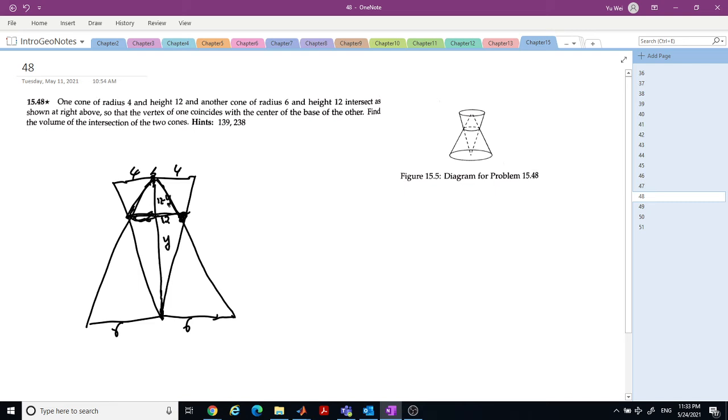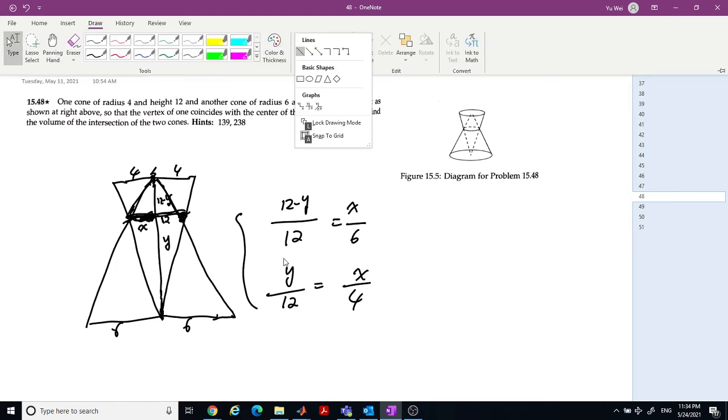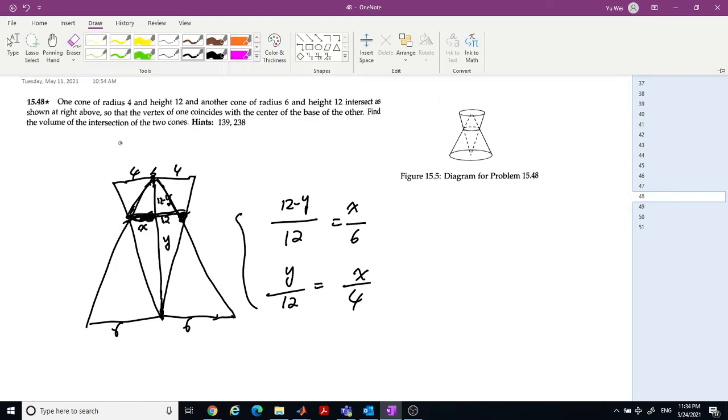Okay, now by similar triangles, we have 12 minus y over 12 equals x over 6, where x is the radius, and the other one is y over 12 equals x over 4. Let me highlight these triangles.